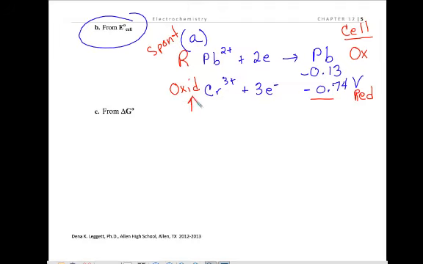I usually figure out what things want to do spontaneously. If they're doing that, great. If they're doing the opposite, we now know we have a non-spontaneous cell. So let's take a look then at how we could actually mathematically determine this in our next video, because we now know we set up a non-spontaneous situation. So let's go on to calculating it in our next video.